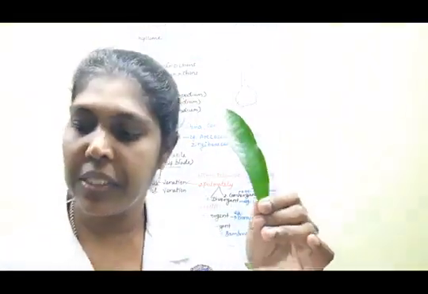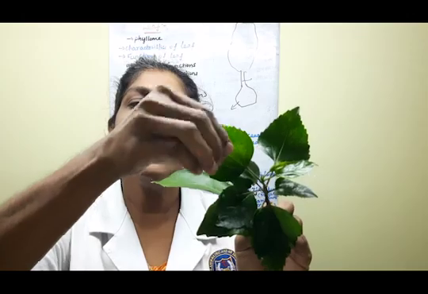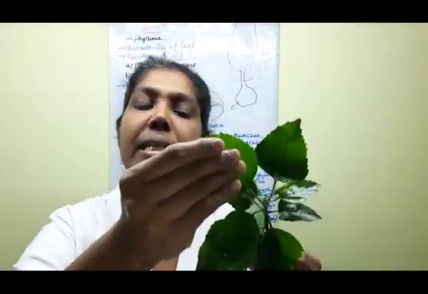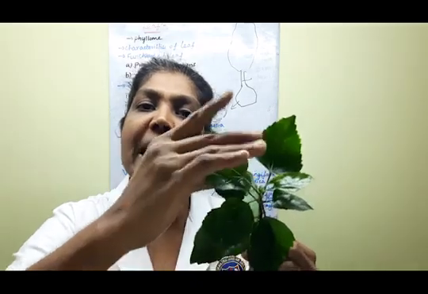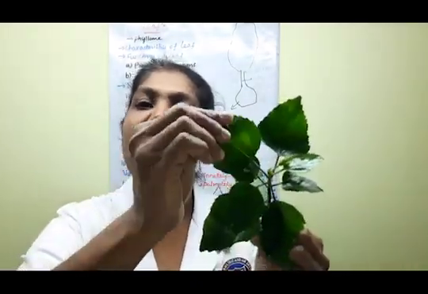The next one is the major part of the leaf, children. This is known as the leaf blade or leaf lamina region. What is the nature of this leaf lamina region? A very thin, flat, green surface is called the leaf lamina or leaf blade.